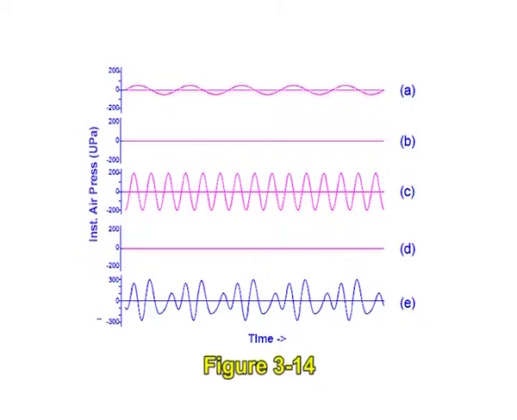The sum of instantaneous amplitudes at time 0 of signals A to D is the instantaneous amplitude of the composite signal at time 0.